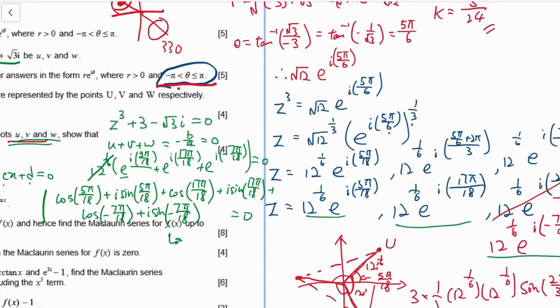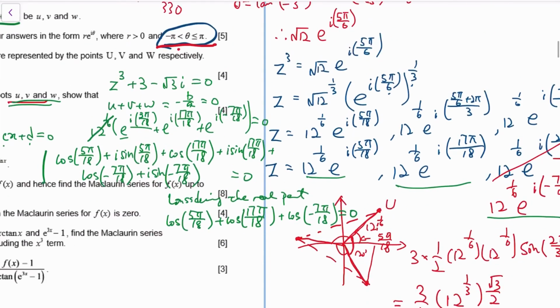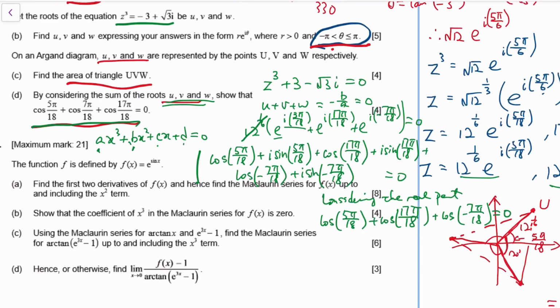Okay, so considering the real part, that means you only take out the cosines. Okay, so that's why I said the sine doesn't matter. Well, actually you did prove similar stuff with sine. Those also add up to be 0. Then if you compare this with the question, we have this one with this one, but this one is negative.